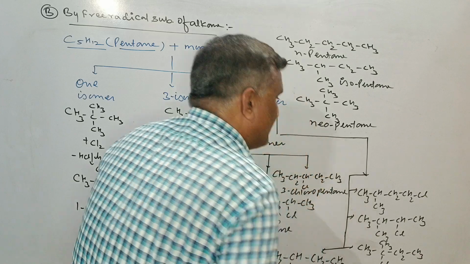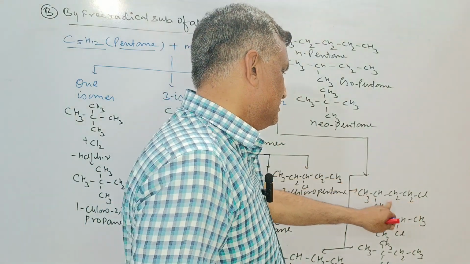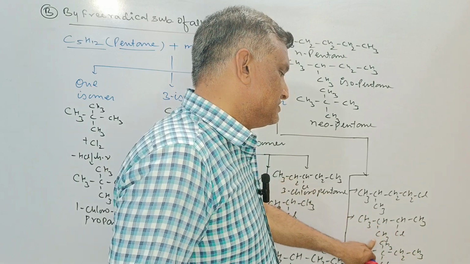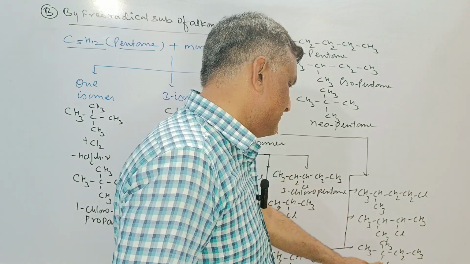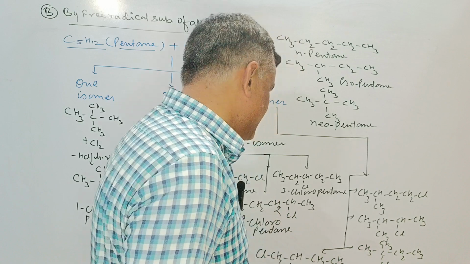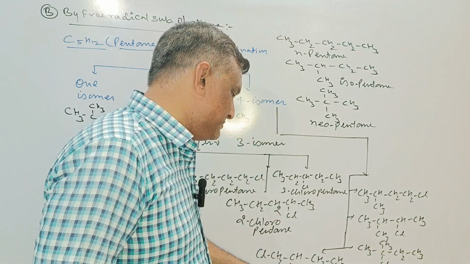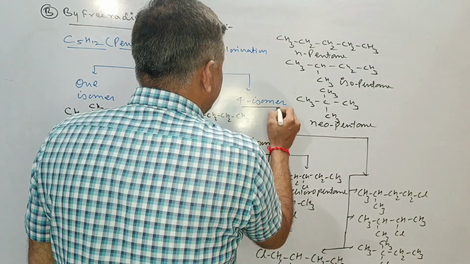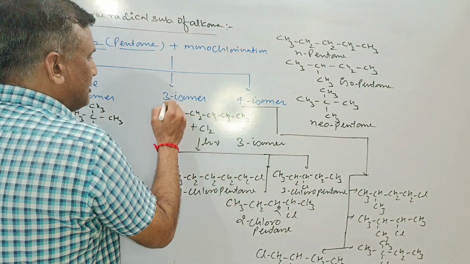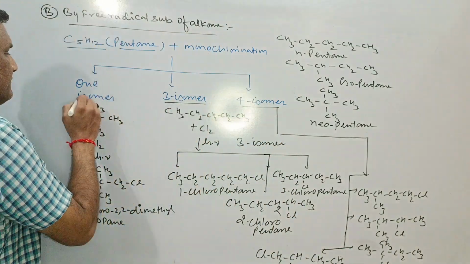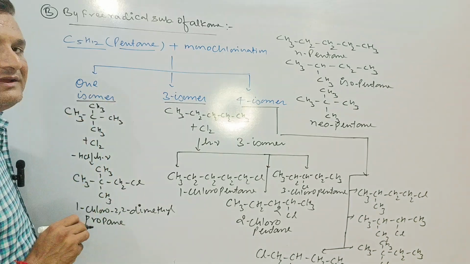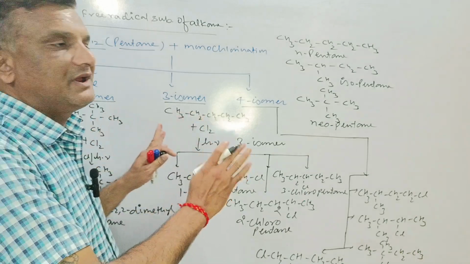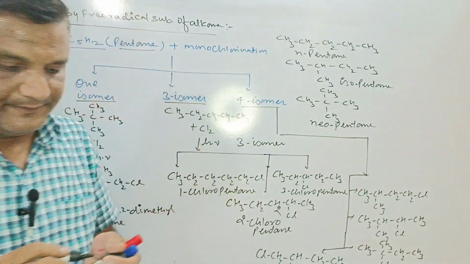The names of the compounds are 1-chloro, 3-methyl butane; 2-chloro, 3-methyl butane; 2-chloro, 2-methyl butane; and 1-chloro, 2-methyl butane. So here is the formation of the four isomers. For the normal isomer, it will be 3 isomers. For neopentane, it will be the formation of 1 isomer. This is most important regarding NCERT.